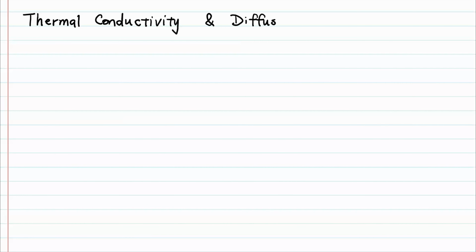So let's go ahead and write that down. We are going to discuss the thermal conductivity and diffusivity of gases at low density.